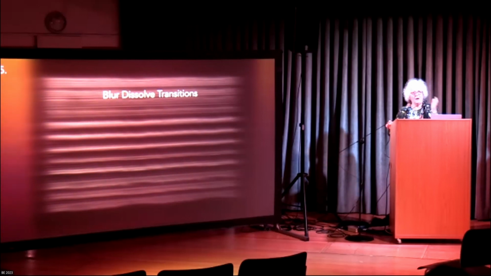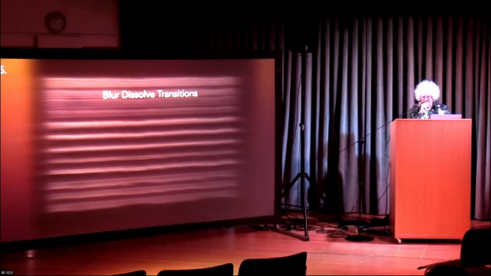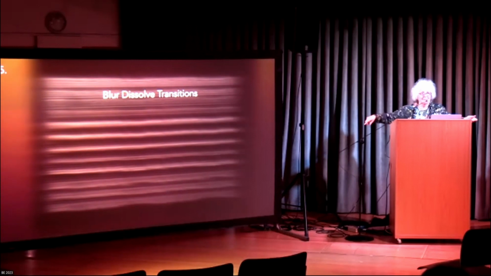And for the other piece in that first lunch concert I used blur dissolve. Here you see the glitch note image of the ensemble. If you put the blur dissolve on, it literally stretches out the image, and I adored that.